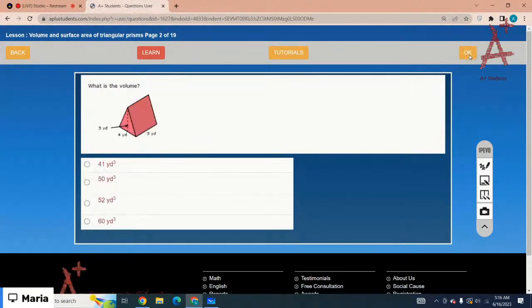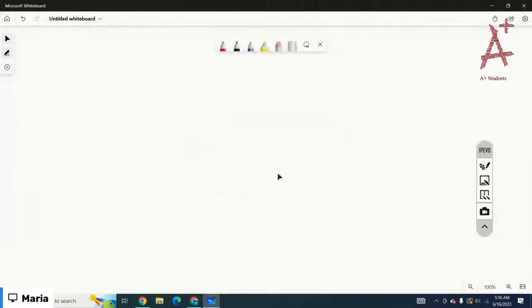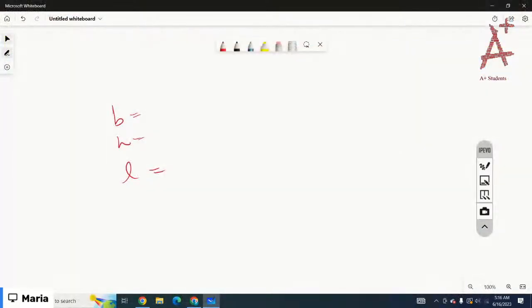Okay, the next one, what is the volume? You have to do the same thing. You have to do base, height, and length. Base is 4, 5, and 5.